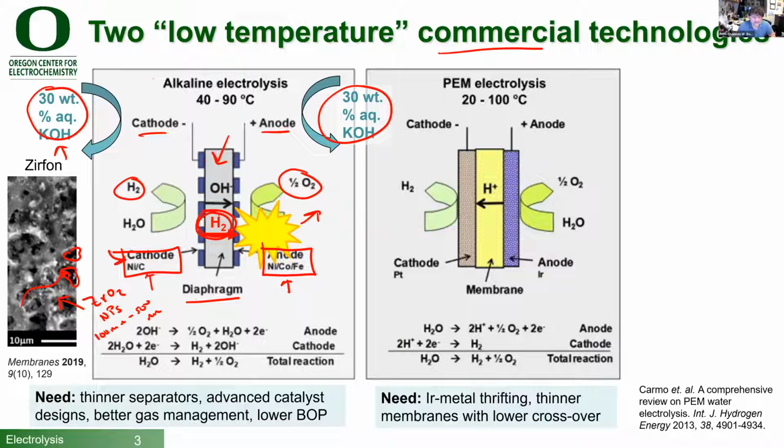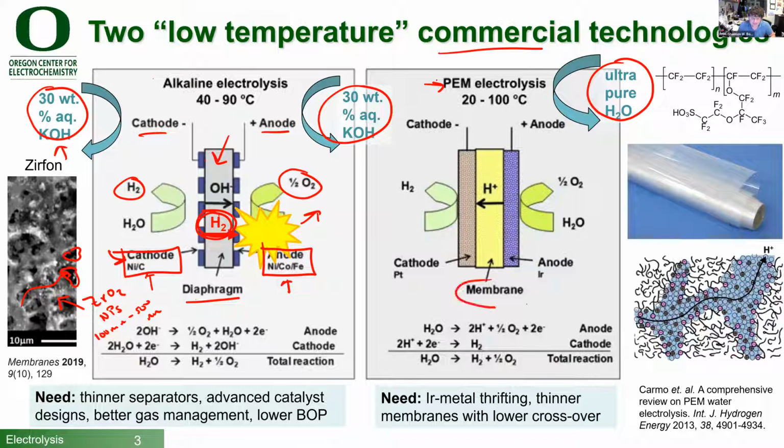A newer technology is this proton exchange membrane electrolysis. Now, the key thing here is it actually does not have a soluble electrolyte. It runs in ultra-pure water. We don't need any supporting electrolyte because it has a membrane that is itself an ionic conductor. So here's an example of Nafion. This is what it looks like, a roll of Nafion.